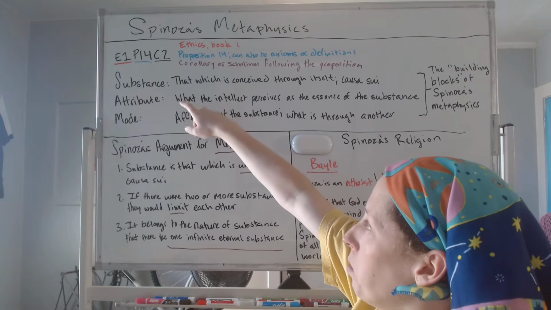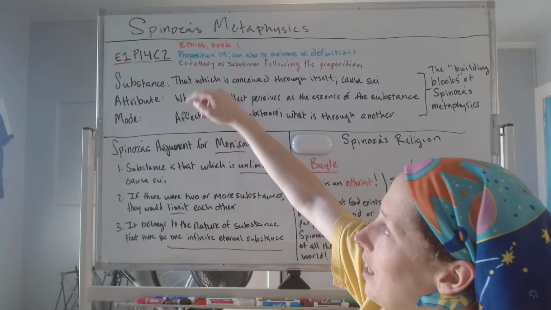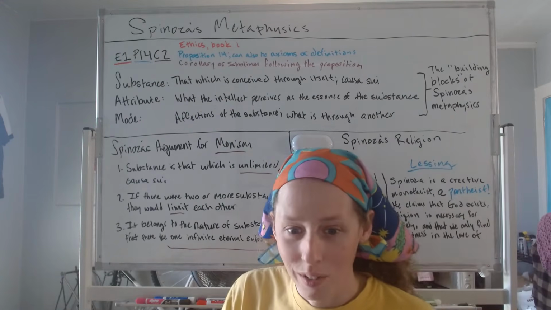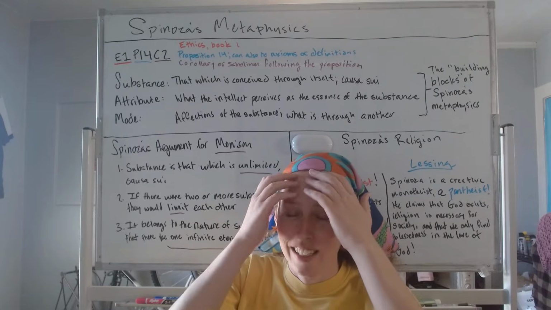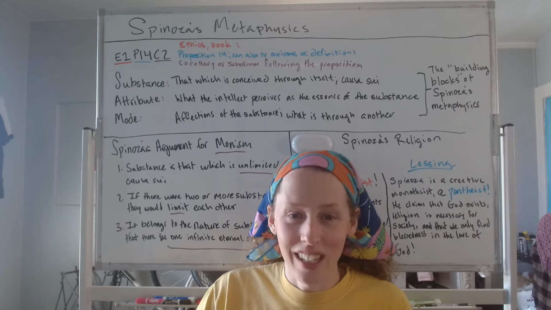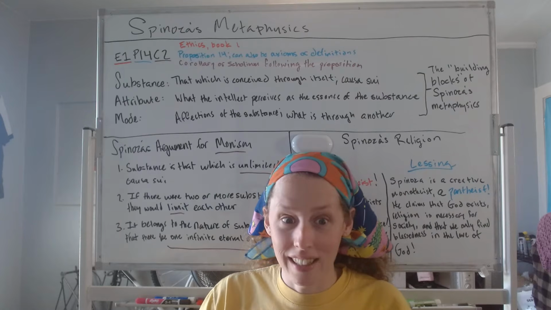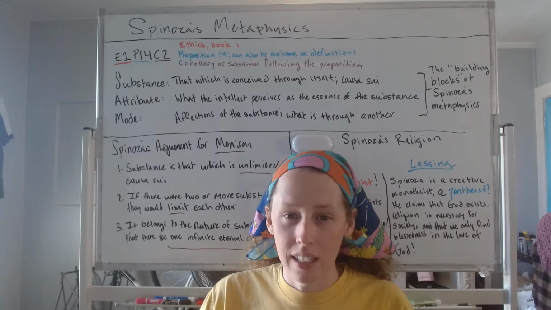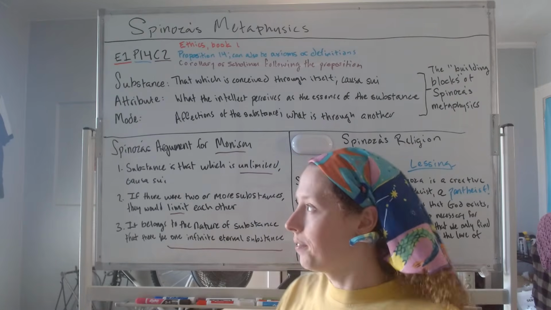I've written an example up here on the board: E1, P14, C2. So you might see someone say something about Spinoza and then have this little thing written in parentheses. So let's break this down together because it's pretty easy actually to figure out what it means.